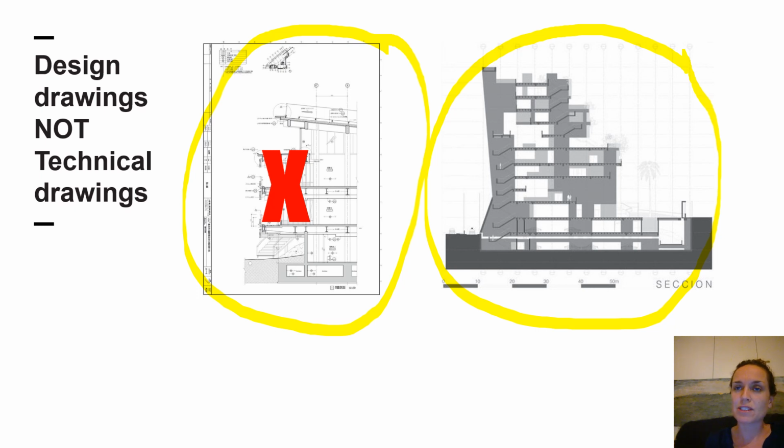Design drawings might be for someone who might have a non-design background, so the information needs to be clear to a layperson. That might be a client. It could also be a council. It could be for marketing purposes. So often you'll find that design drawings are kind of a distilled version of a design proposal.